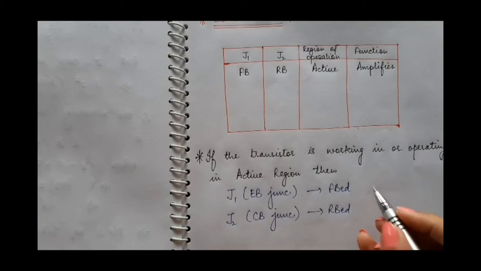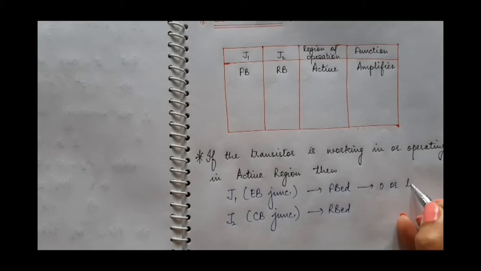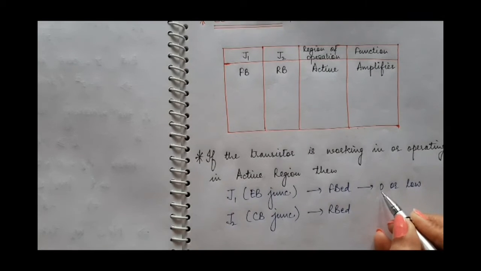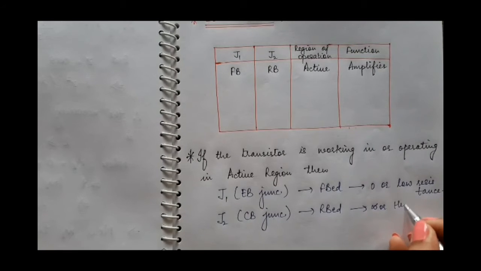So J1 offers zero or low resistance, zero in the ideal case and low in the practical case, and the reverse biased junction J2 offers infinite resistance in the ideal case or high resistance in practical cases.